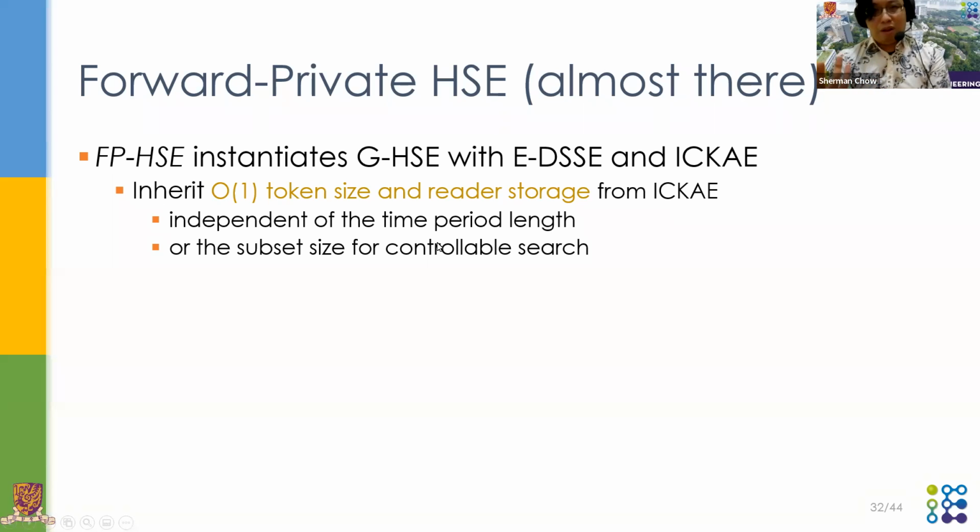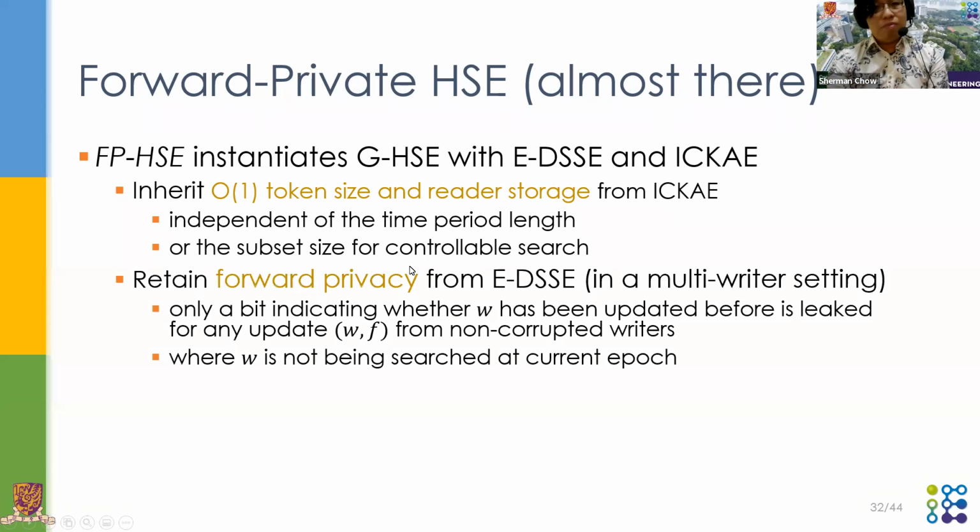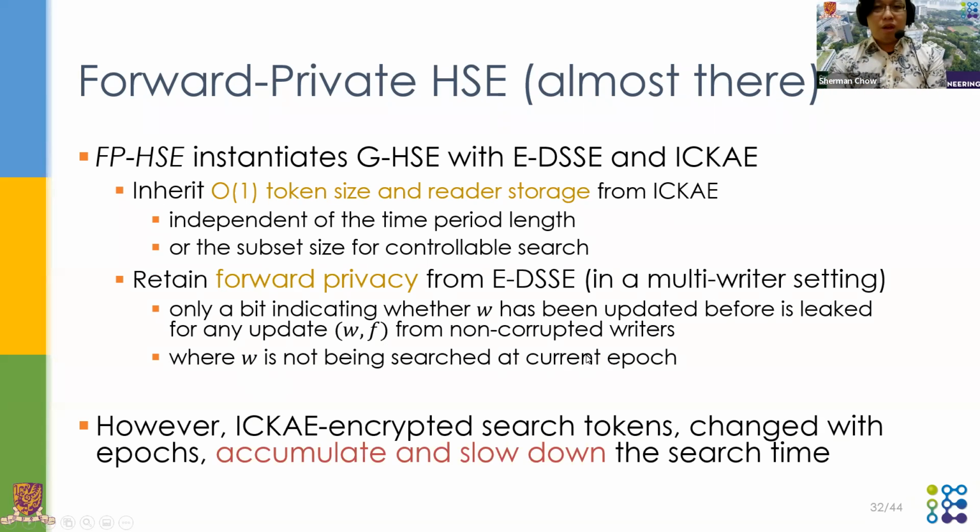Because we also talk about epochs, that will be independent of the time period length, and also independent of the subset size we are trying to do for the controllable search. It retains forward privacy from the DSSE as well in the multi-writer setting, where it is just that single bit: whether this keyword has been searched at the current epoch or not.